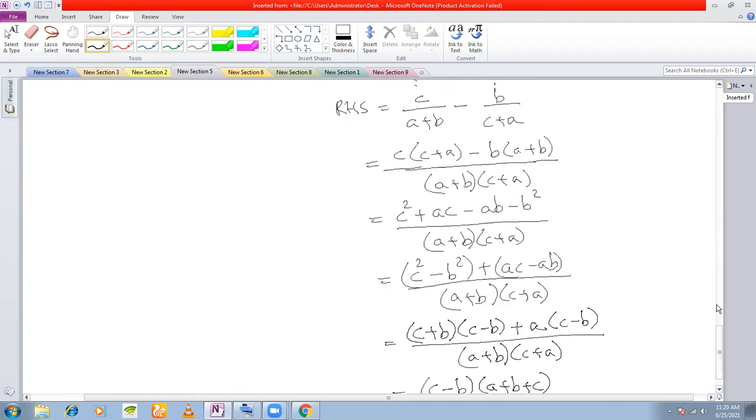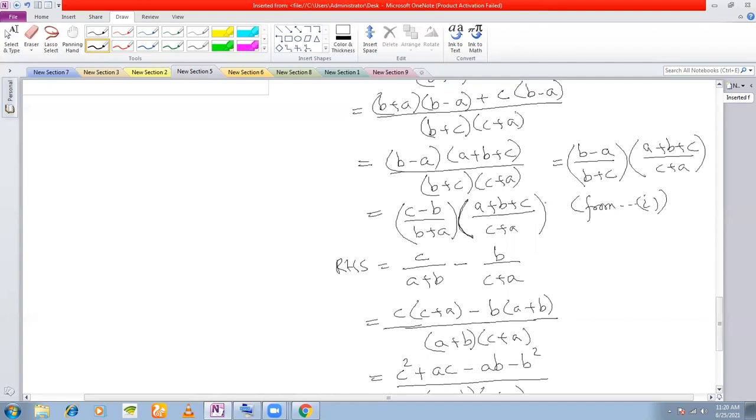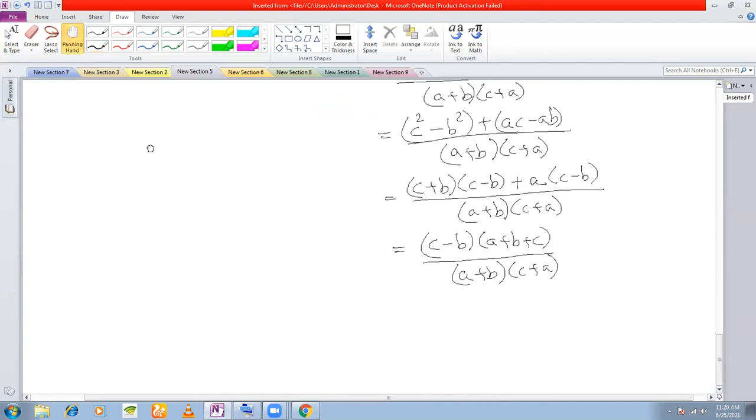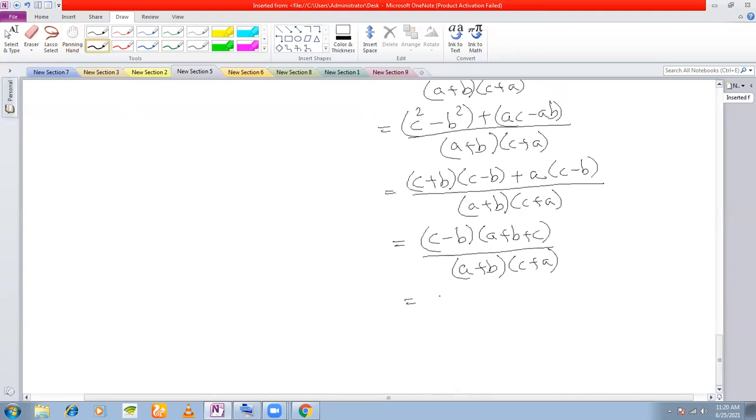Now check the left hand side. What is in the left hand side? I had A plus B plus C by C plus A together. I also have C plus A plus B plus C here, isn't it? So what I do is I write C minus B by A plus B, I write this as A plus B plus C by C plus A. Now check.